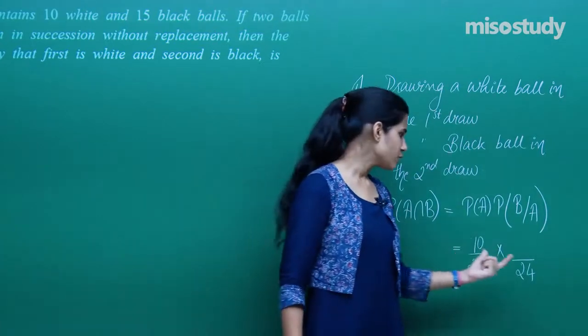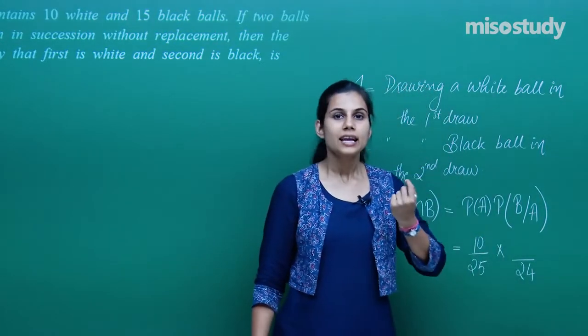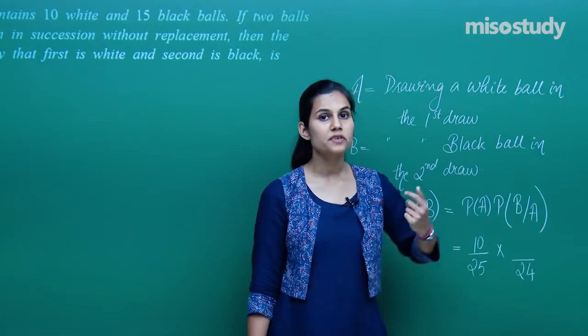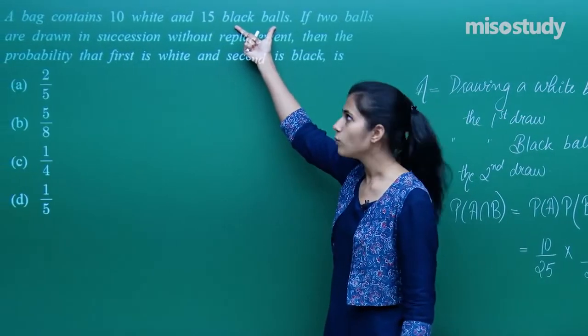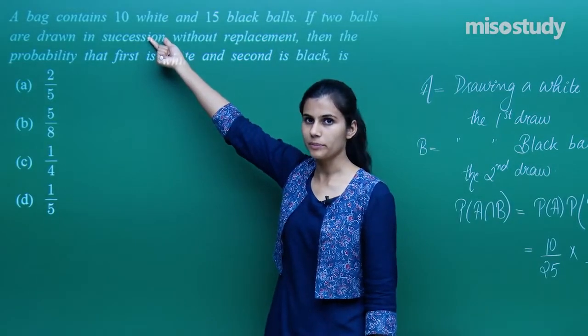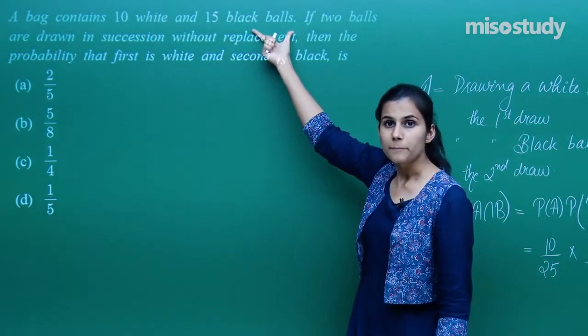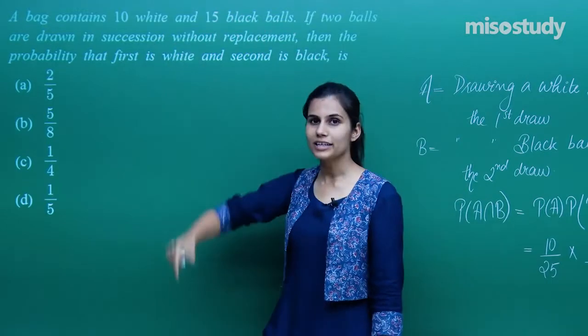So total number of balls now left with you is 24. Out of these 24 balls, you now need to understand the probability of event B taking place. Now all the 15 black balls are still intact. One white ball was withdrawn from the bag. So now you have 15 black balls and 9 white balls in the bag.